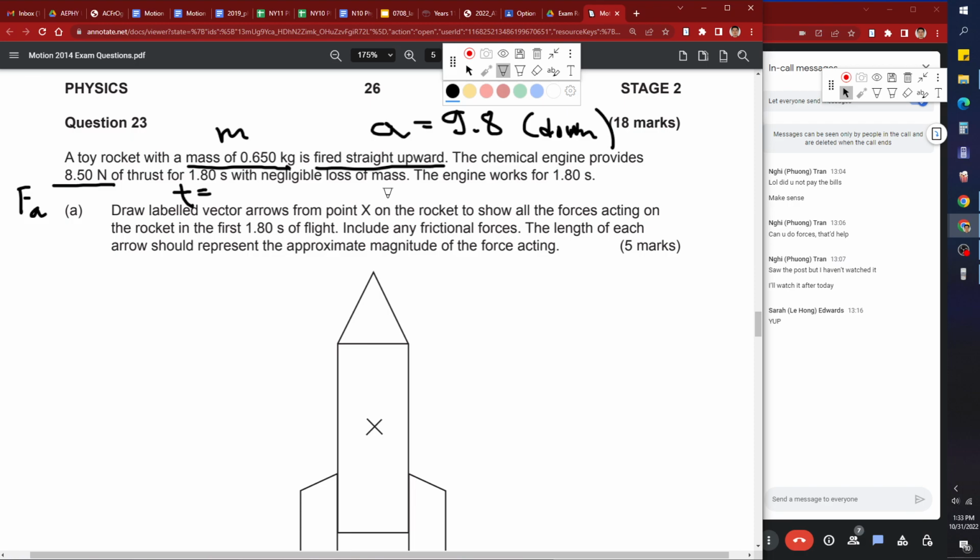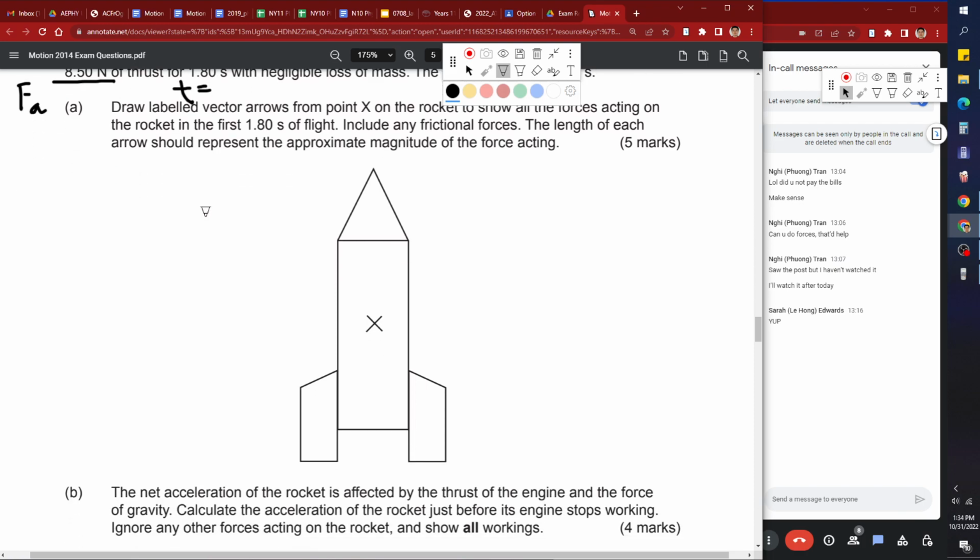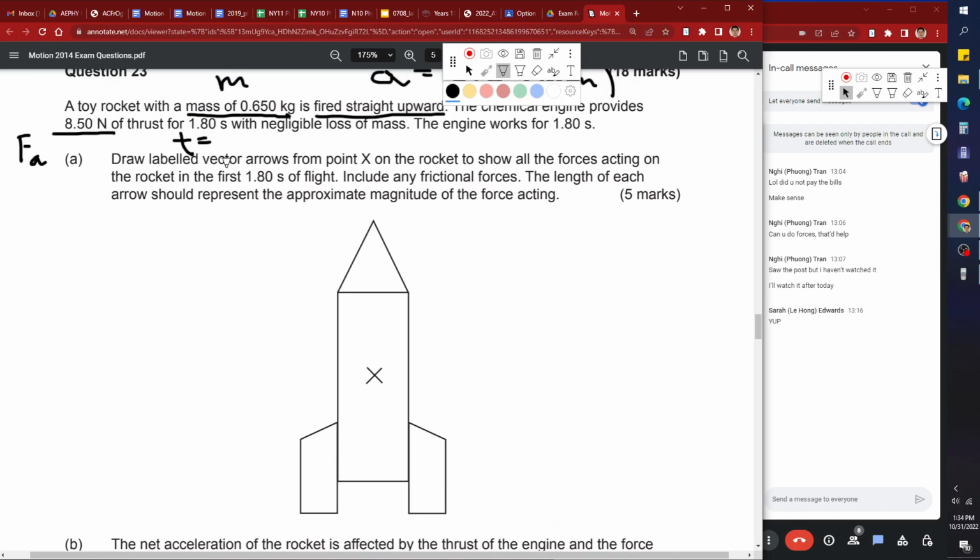Okay. So it has mass. There's an applied force. It's a rocket going straight up. It says, draw labeled vector diagrams from X on the rocket to show all the forces acting on the rocket in the first 1.8 seconds of flight. Include any frictional force. Okay. Wow.